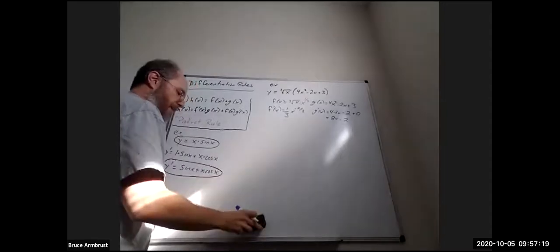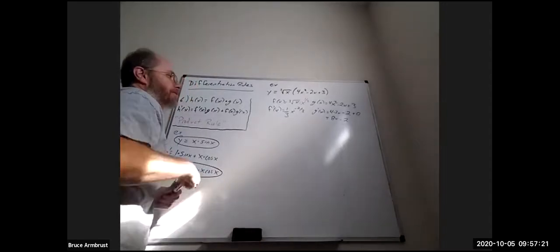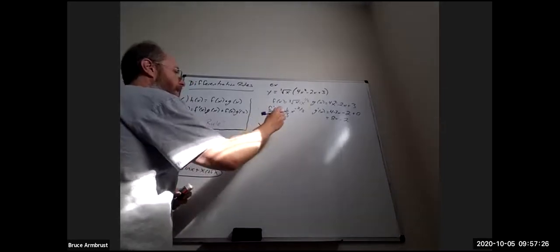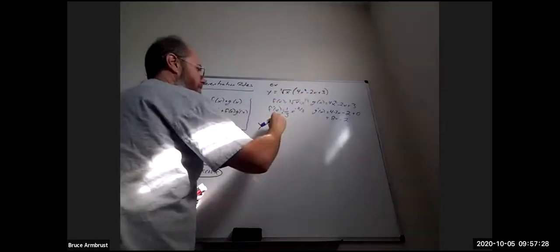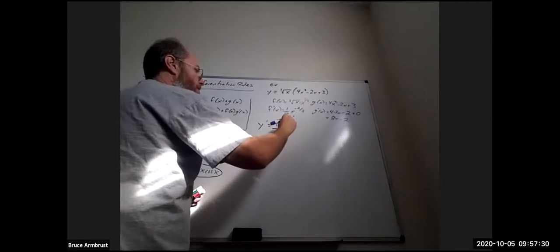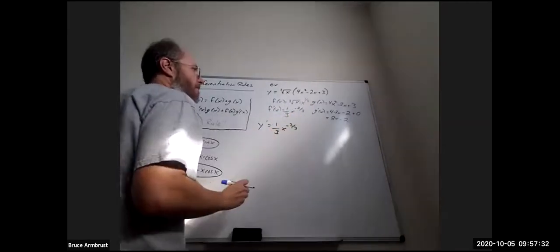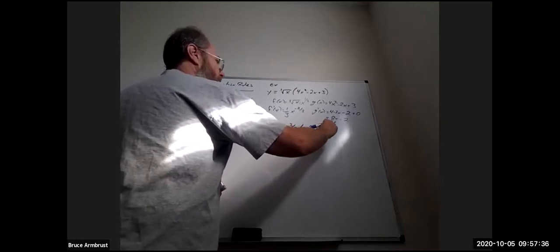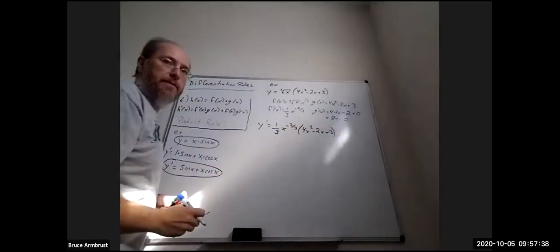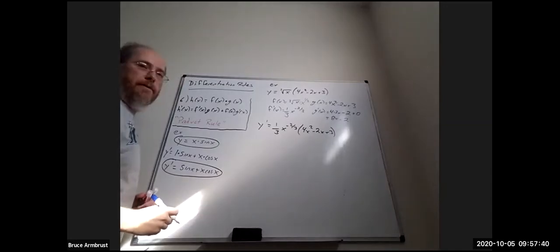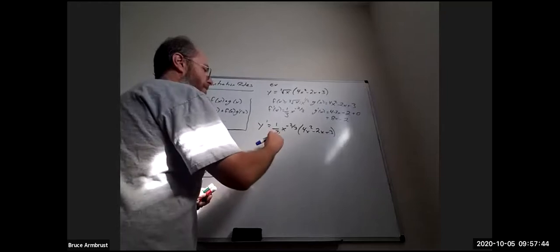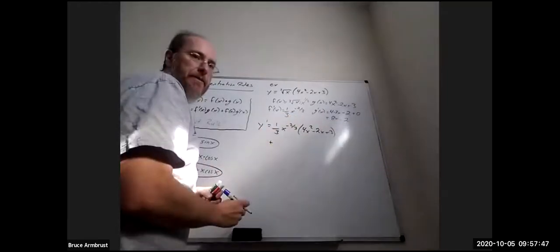All right, so let's put it together. Here is your derivative. So y prime equals, I want f prime times g. So I'm going to take 1/3 x to the minus 2/3 times 4x squared minus 2x plus 3. And then I'm going to add to that, I'm going to write it down below because I don't have enough space.